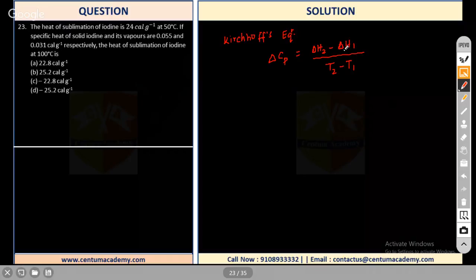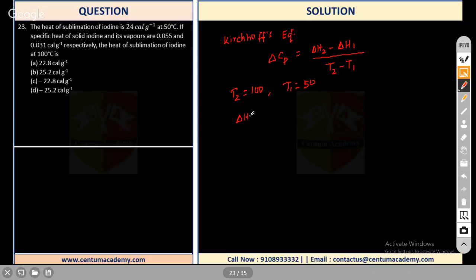So basically, change in enthalpy is equal to change in specific heat capacity into the temperature difference. Right. Now, in this question, we have to find the heat of sublimation of iodine at 100 degrees Celsius. T2 here is 100. T1 is given as 50.